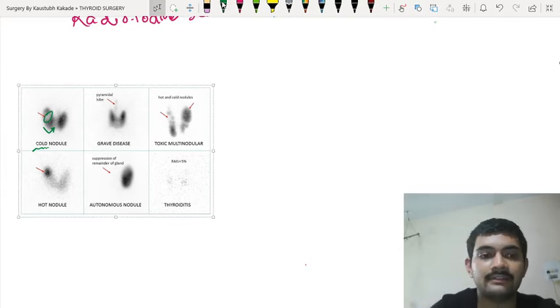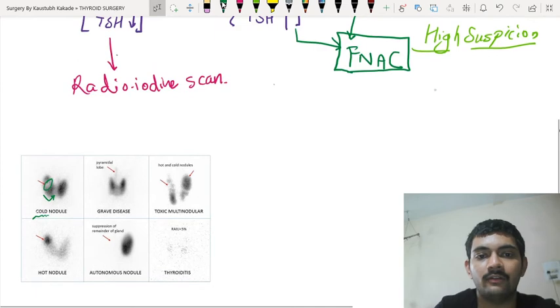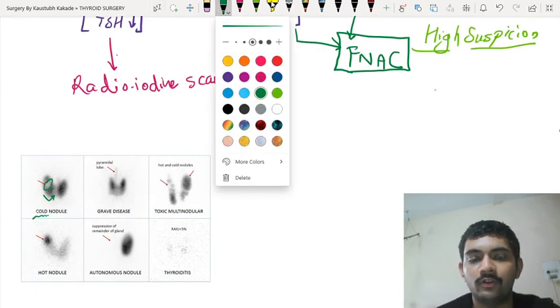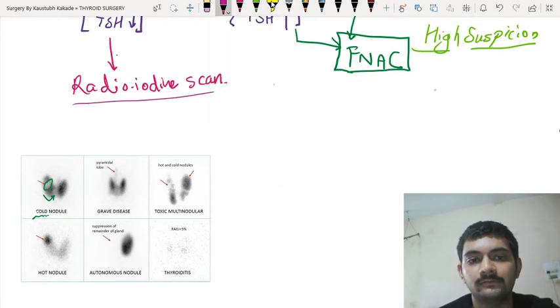That means again some malfunctioning is taking place. So now I can say that on radioiodine scan, I can have a cold nodule or a hot nodule.